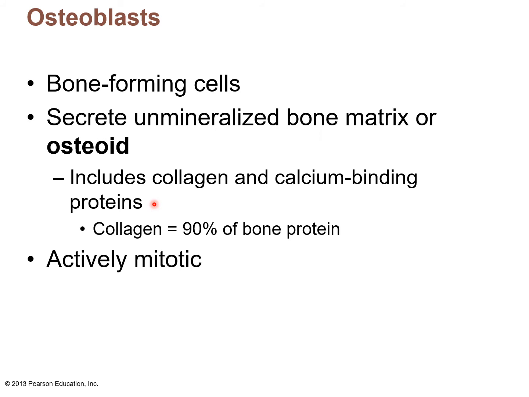And as I said, having those minerals such as calcium is really important because it strengthens your bone matrix. Those osteoblasts are highly actively mitotic, meaning that they divide pretty fast to regenerate the bone matrix, the compact and the spongy.